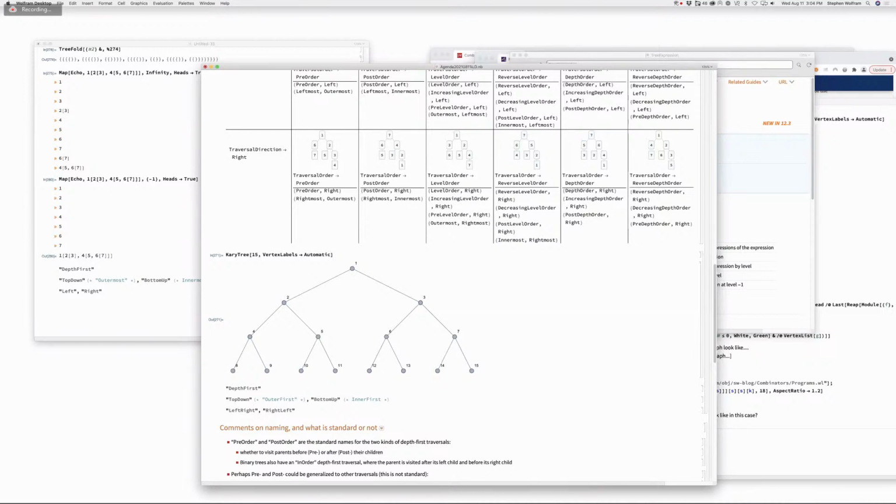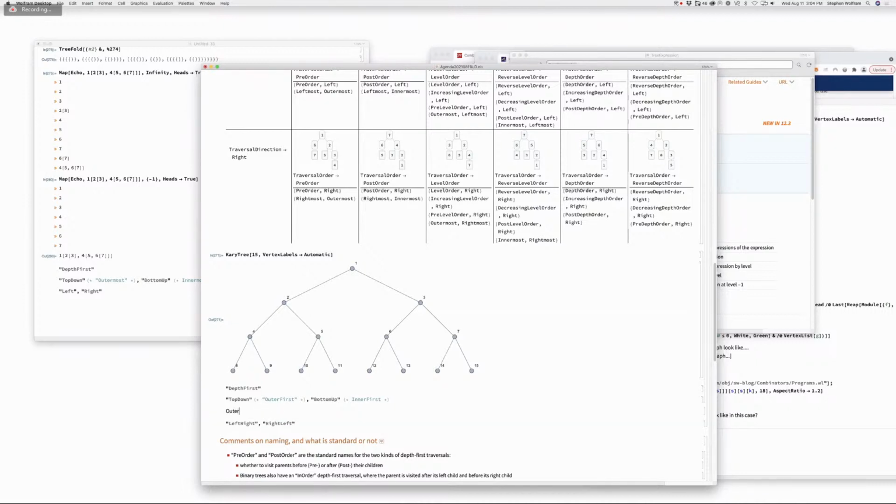Yeah. So then the question is, the natural thing here would be, this is top down, so it's where you start and what direction you're going in. The analog there would be outer in, inner out.